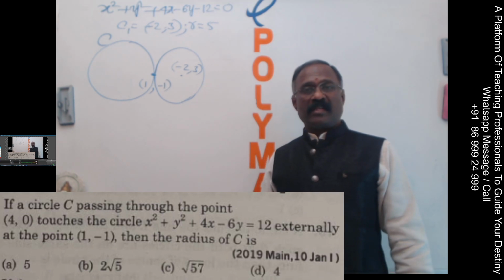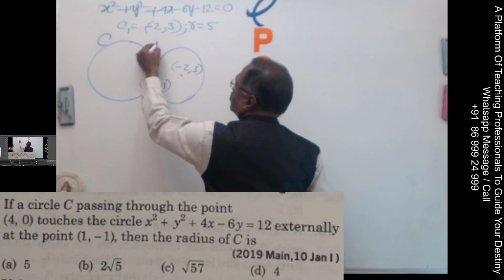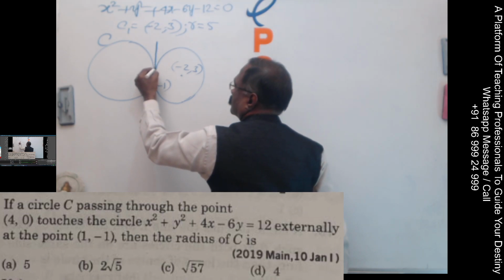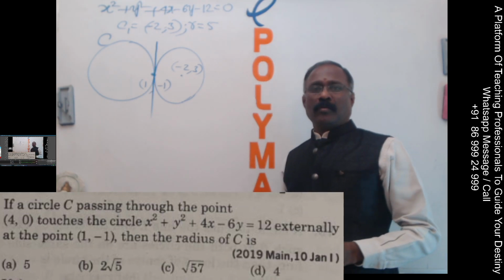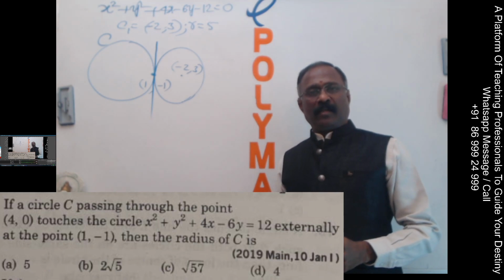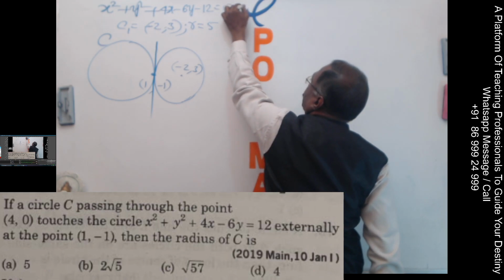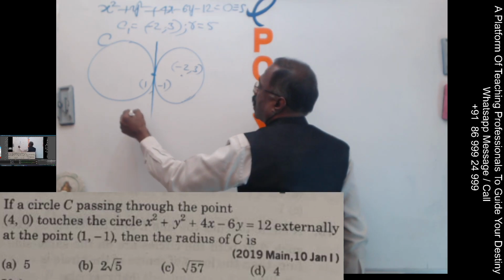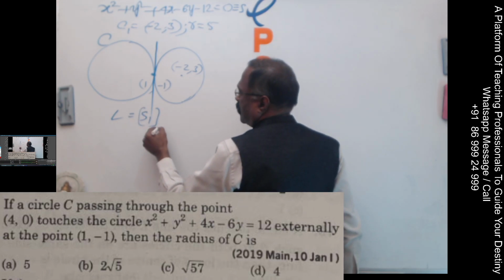The common tangent can be comfortably drawn because it is clearly given that they are touching at (1, minus 1). So let me call this L, which is S1 at (1, minus 1).